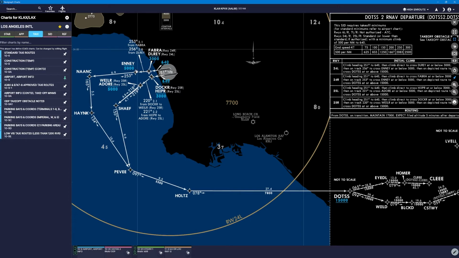And then you're flying along and you hit ANY. Here's ANY, right? And even in the instructions over here, it said to cross ANY at or below 5,000. Well, look, here's the restriction. So these, by the way, are called restrictions. At or below 5,000. You're swinging out, right? And then from here, they want you on the depicted route. This is the depicted route right here.